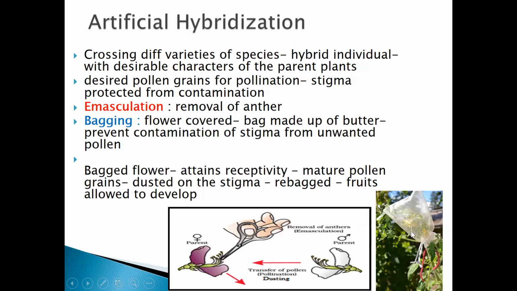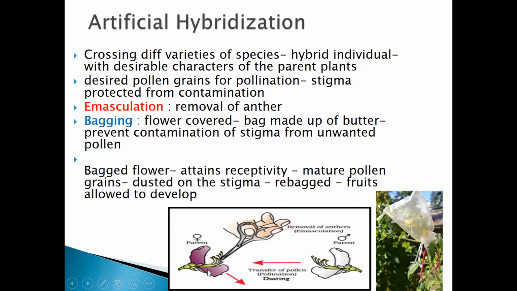Next, we take another pollen grain, which is our desired one. For example, I will take the pollen grain of datura. This flower is hibiscus. Clear?